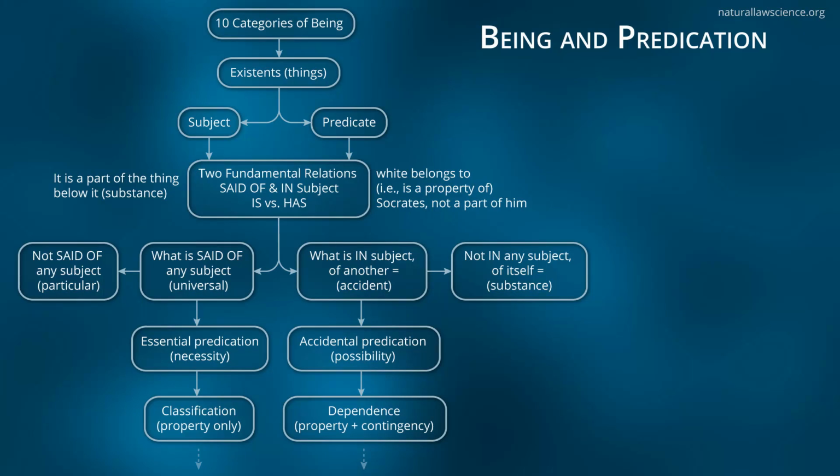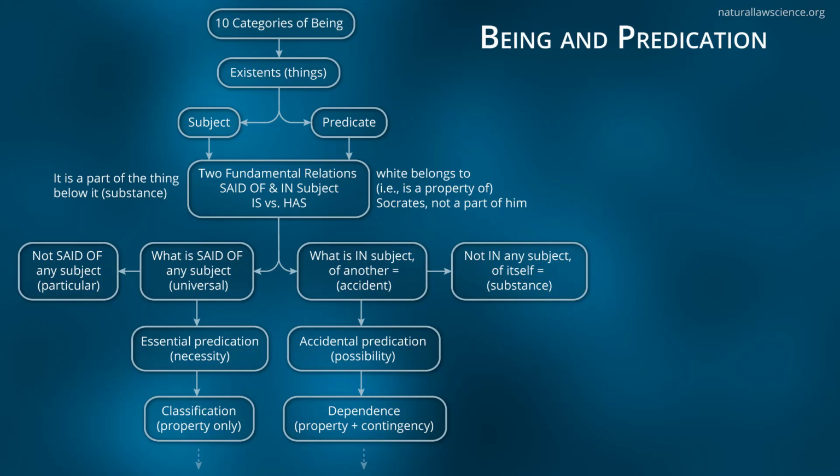What is said of is essential. So to the left and right, the said of is a part of the thing below it. If we're looking at it as a tree, animal to man to me, it's a part of the thing below it. The secondary substance is said of the primary substance. The primary substance is the secondary substance.